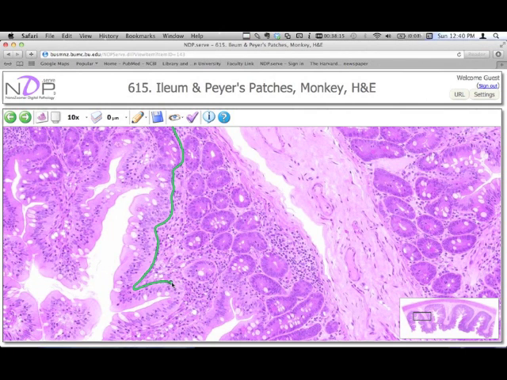And we would follow it around a little bit to get a better understanding of what it looks like. One thing that we note as we follow it along is that the lumen here disappears as we take a section that's glancing through the edge of the epithelium as it dives in.